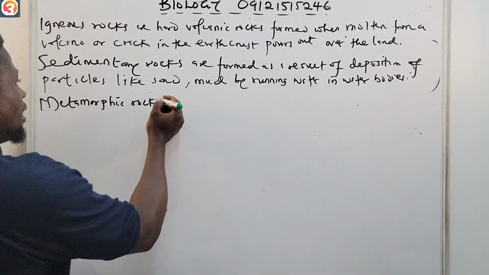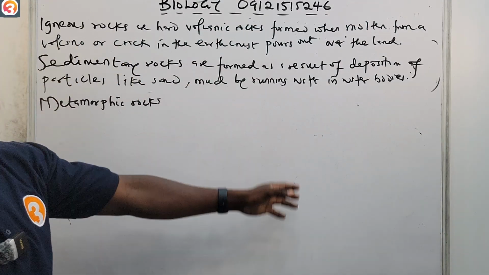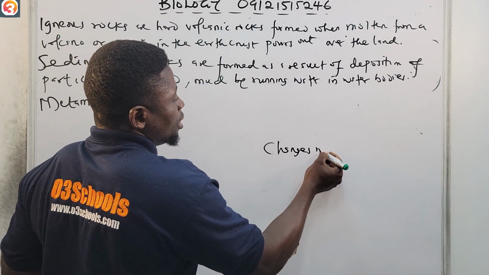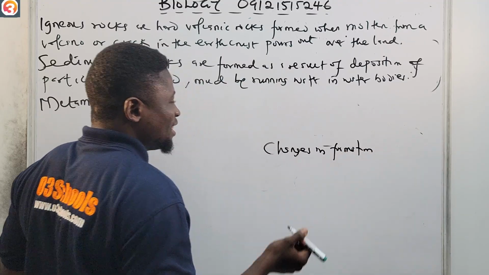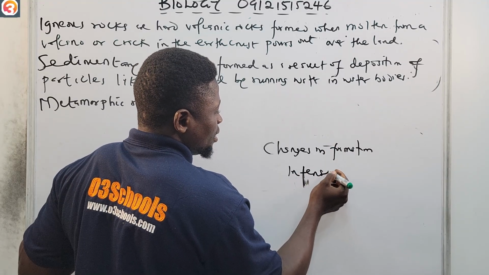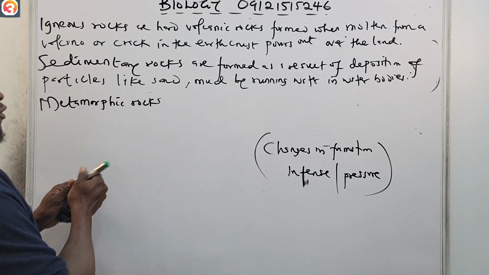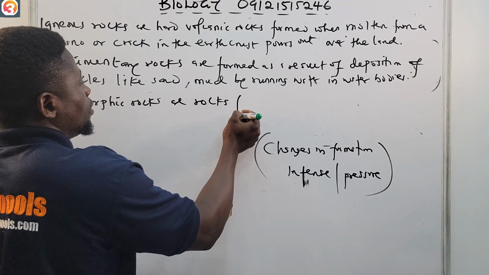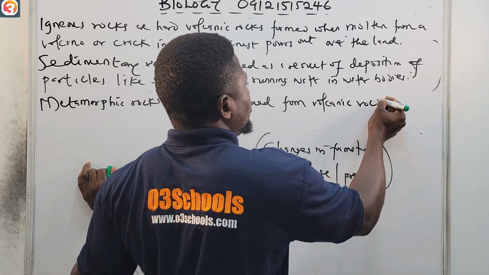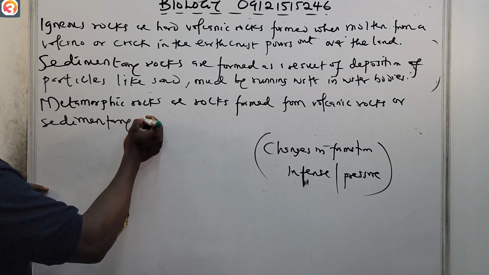These metamorphic rocks are formed from either volcanic rocks, from igneous rocks, or from sedimentary rocks that have undergone what we call changes in formation beneath the Earth's surface, either by intense heat or pressure. That is what forms metamorphic rocks.